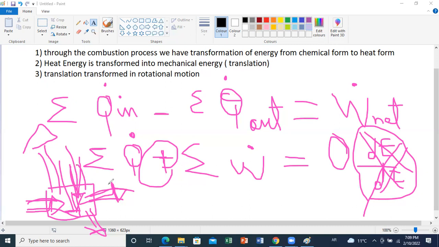If I want to use this convention, I cannot say that sum of Q dot plus sum of W dot equals 0. No, I should say sum of Q dot minus sum of W dot equals 0. Why? Because in this case, my work that is going out is considered positive, while the work that is coming in is considered negative.